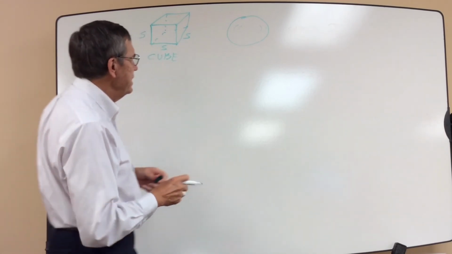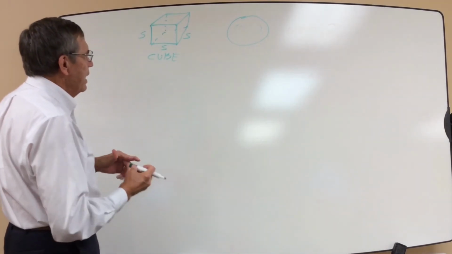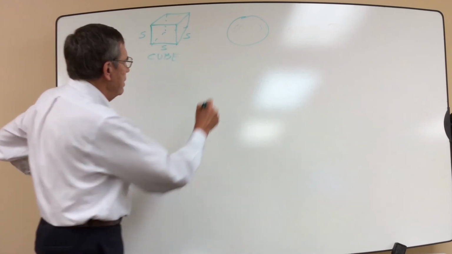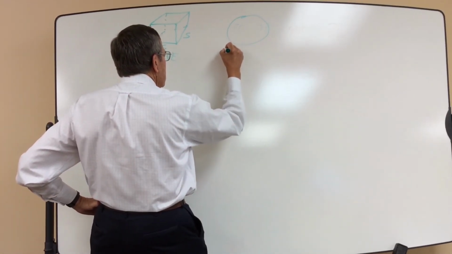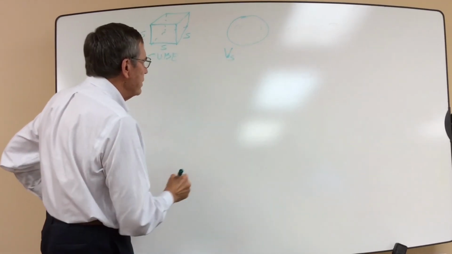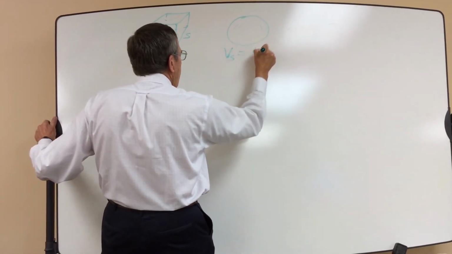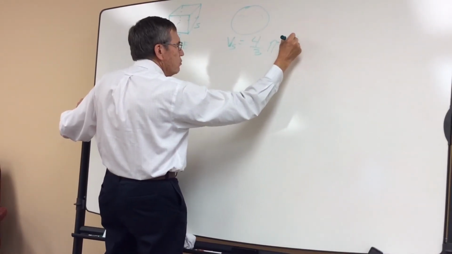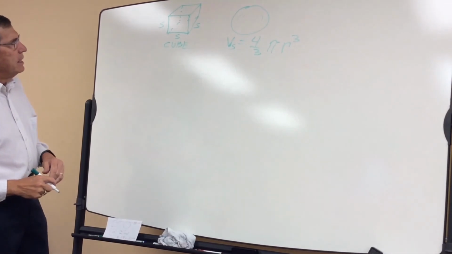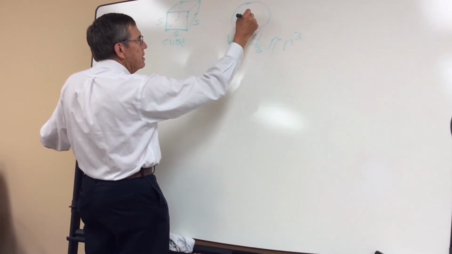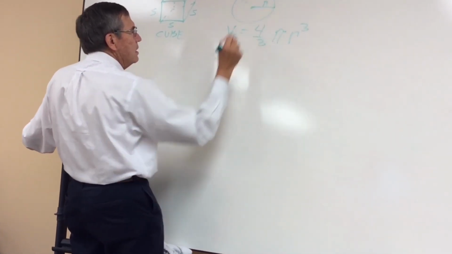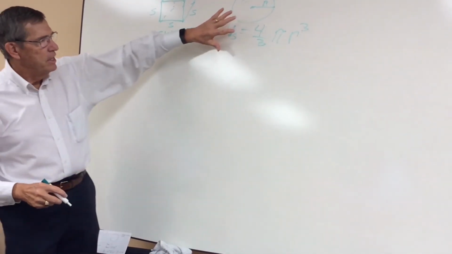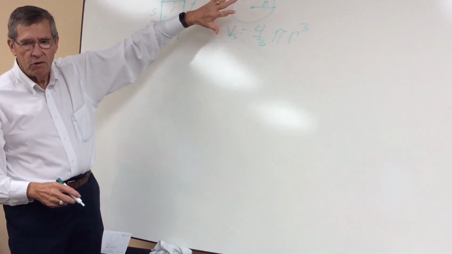All right, so let's see how we might go about that. The volume for a sphere is equal to 4/3 pi r cubed. Okay? So whatever this radius might be, we cube it, multiply by pi, multiply by 4/3, and that'll give us the cubic units that the sphere would have.